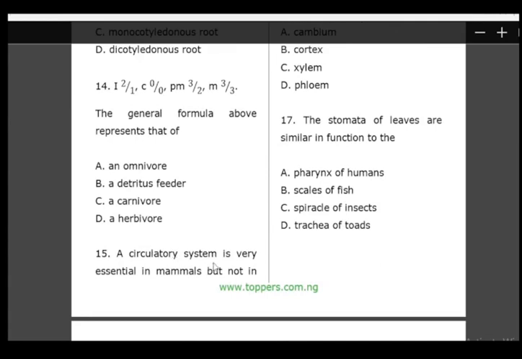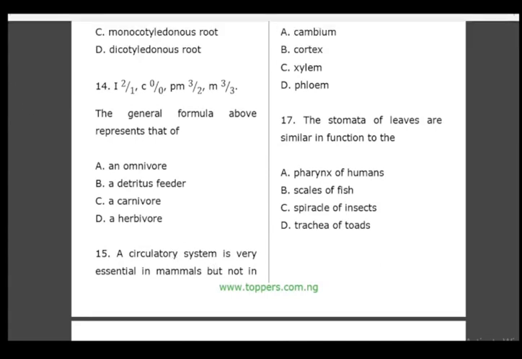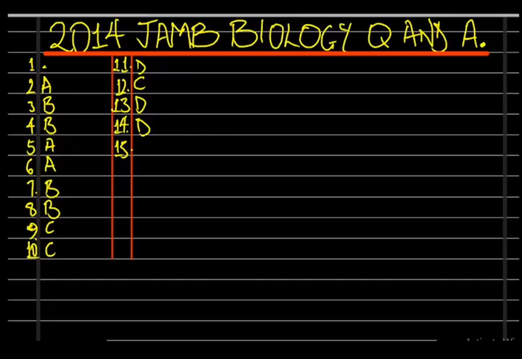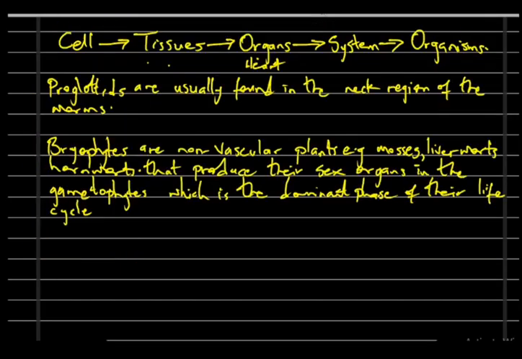What is circulatory system? Circulatory system is talking about the ability of the blood to be able to transport materials around the body. Let me put it here.